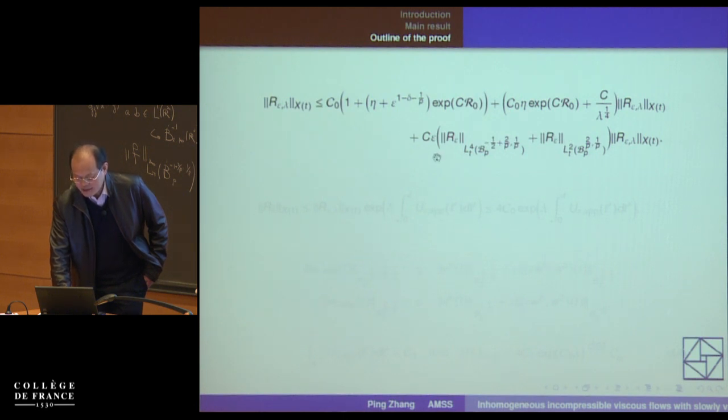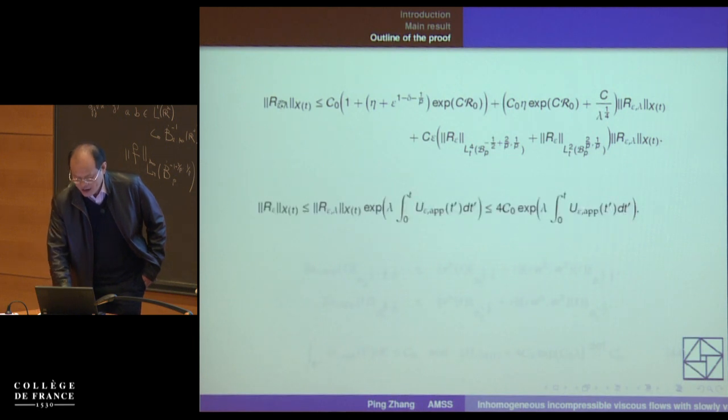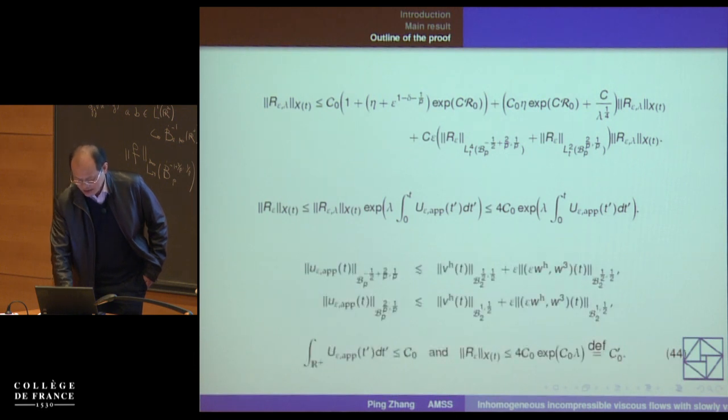So as long as epsilon is sufficiently small, we find this term should also be absorbed by the left-hand side. So the eventual estimate should be like this: R epsilon in X of t is controlled by 4c0 times the exponential of lambda times the integral from 0 to t of this capital U epsilon approximate of t prime, dt prime.